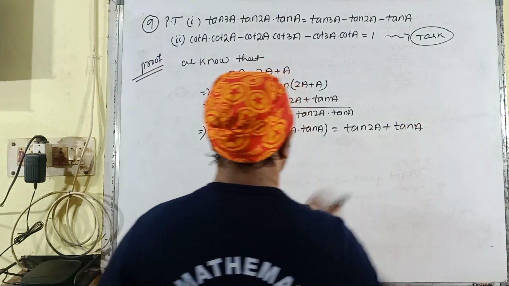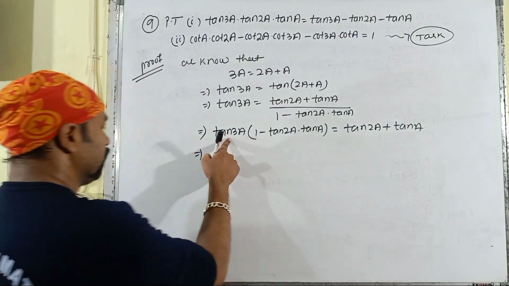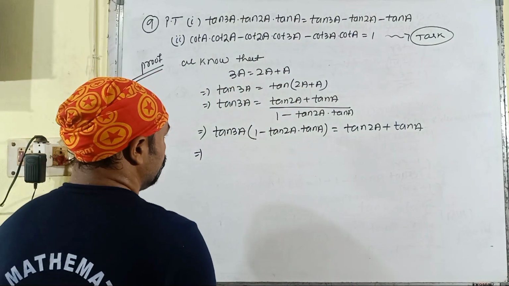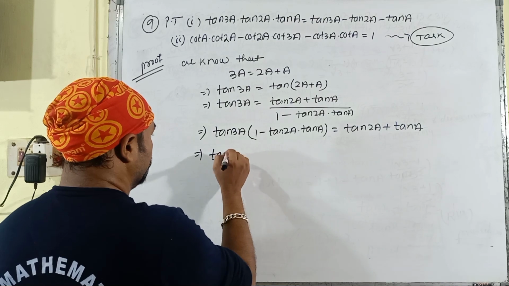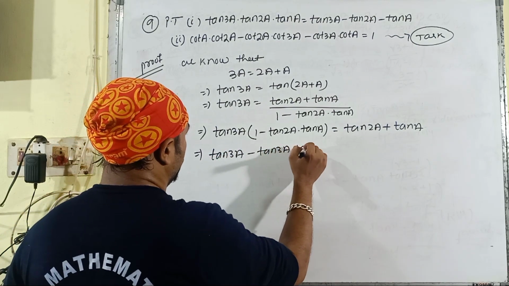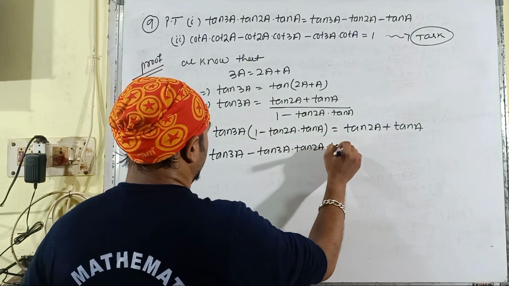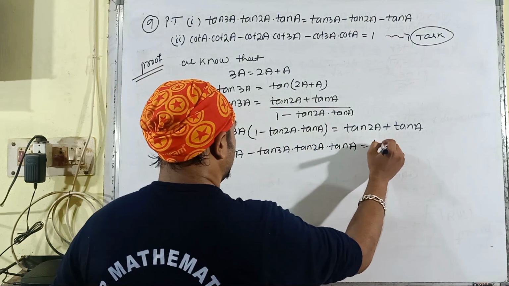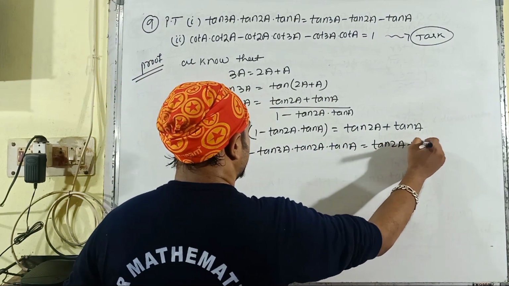Then multiplying this tan 3a into both of the terms, it will be tan 3a minus tan 3a into tan 2a into tan a is equal to tan 2a plus tan a.